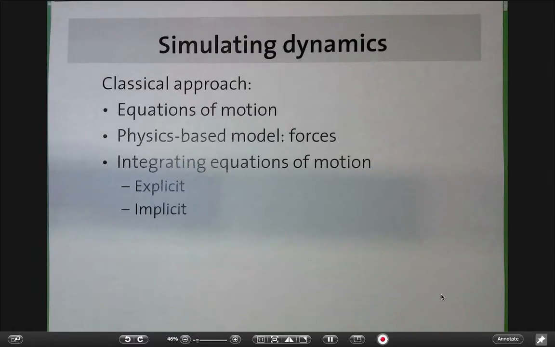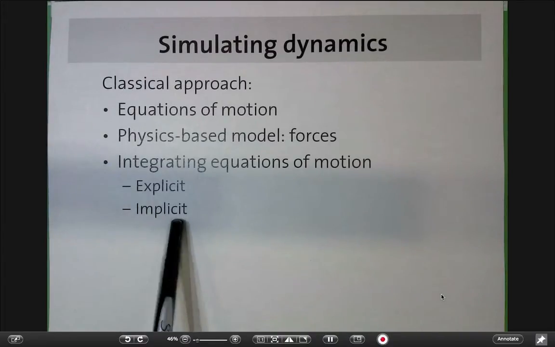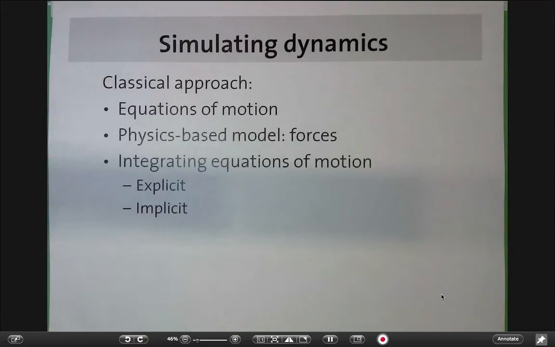And there are also some funny techniques in the middle, like the one I discussed just last lecture, this fast mass springs, which is exactly the implicit technique, but it's not the standard way to solve the implicit Euler method.